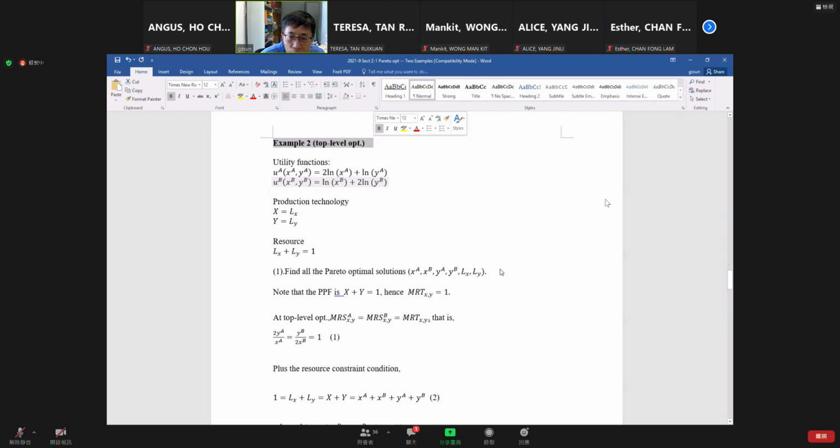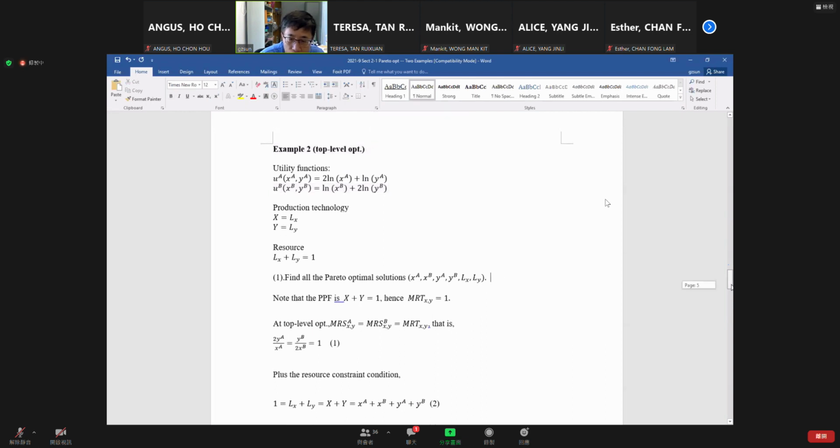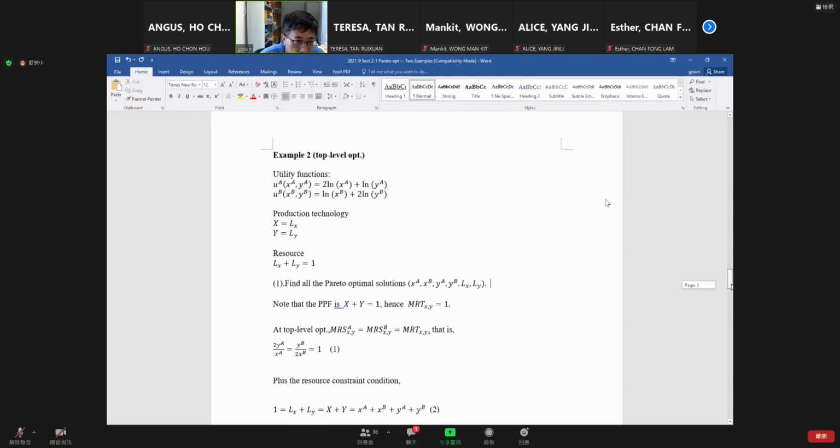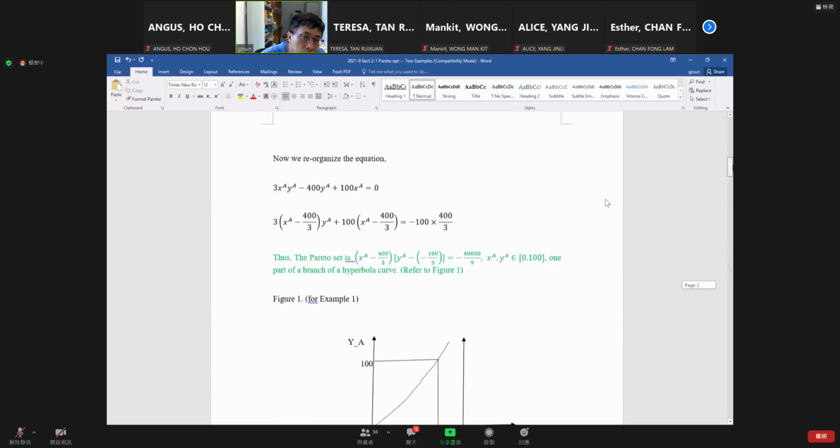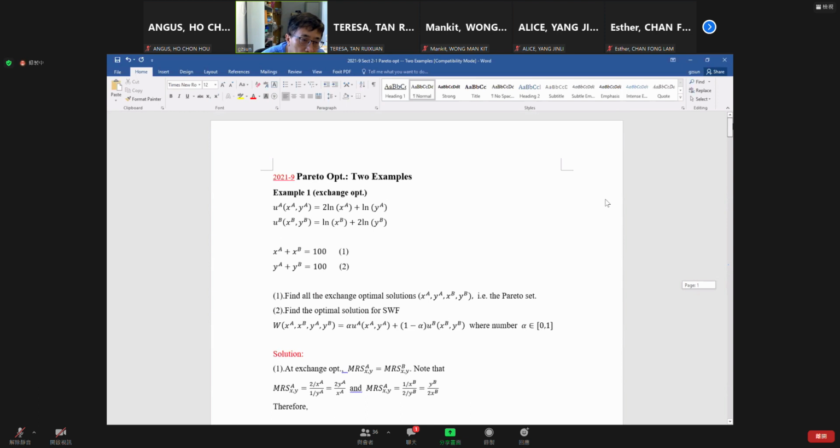Okay, I think we should not go to the second example, and let's come back to make sure everybody understands. You know, we didn't make use of very many pages for today's class, but I just want to make sure everybody understands the detail, the solution.